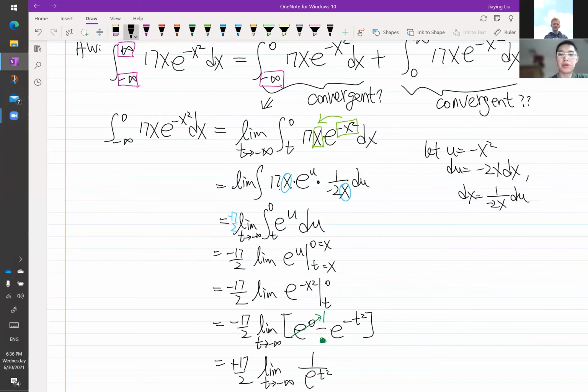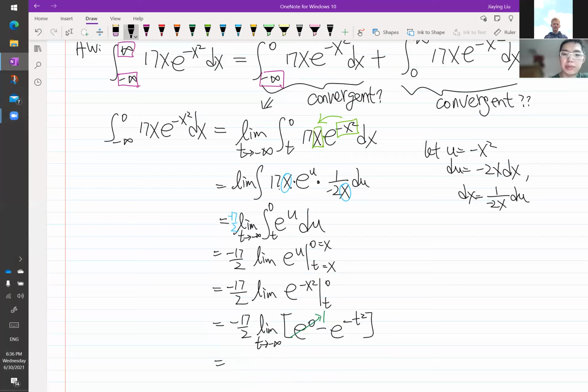I hope you're okay with that notation. And then this one, we can try to evaluate the limit. So 17 over 2 state. Oh, I forgot a 1. Sorry, 1. Oh my goodness, I messed up, didn't I? Sorry. Let me take a couple of steps back. So I cannot take the negative outside.